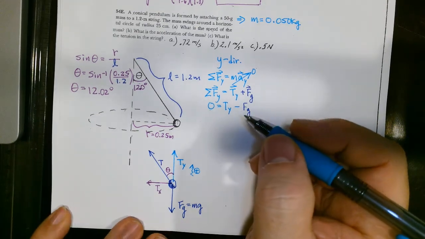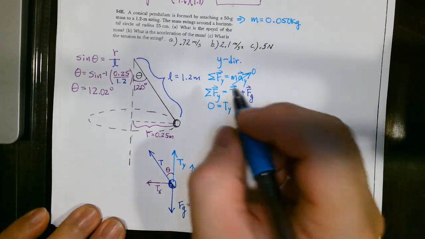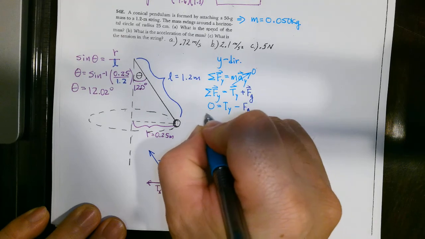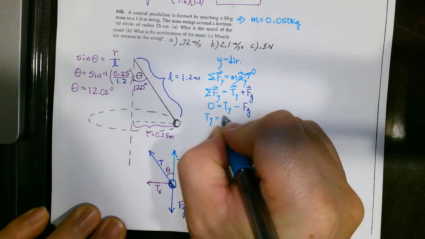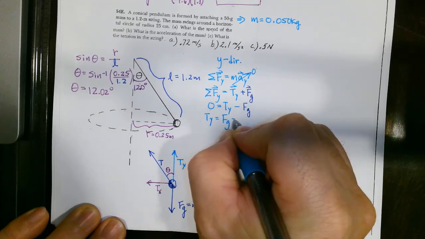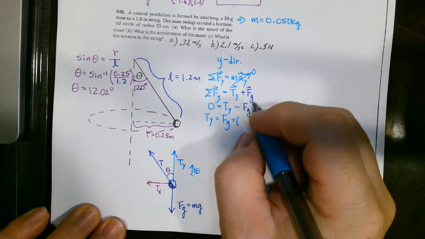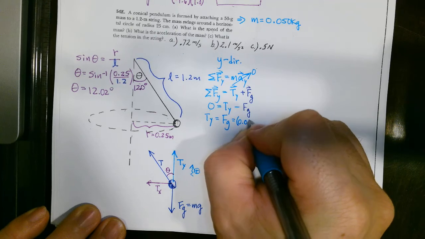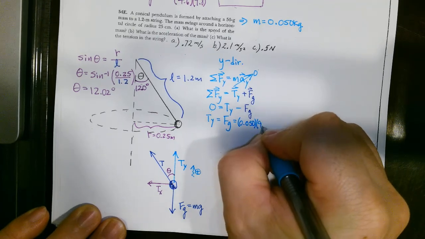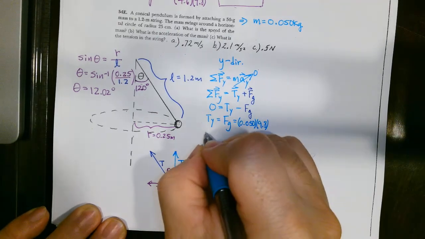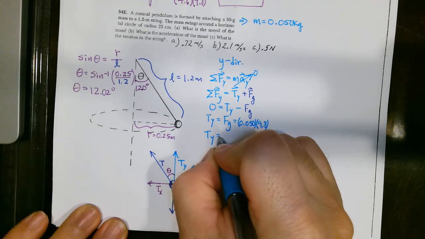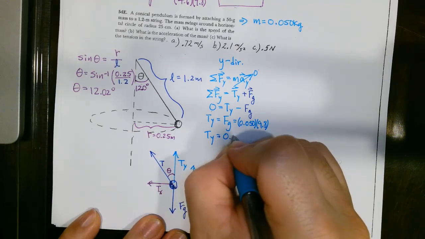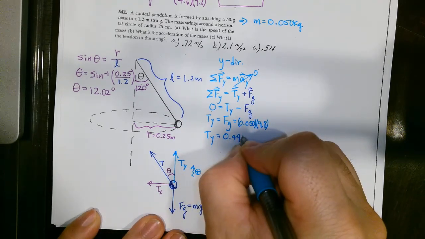So our Ty is equal to Fg, which is equal to mass, which is 0.050 times 9.8. So our Ty is equal to 0.49 newtons.